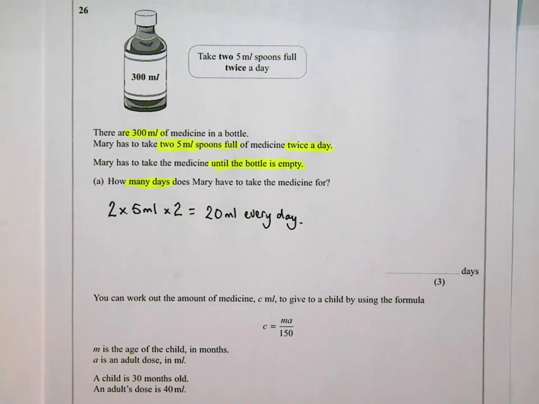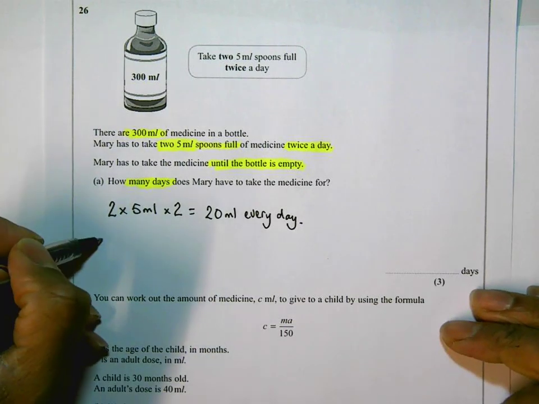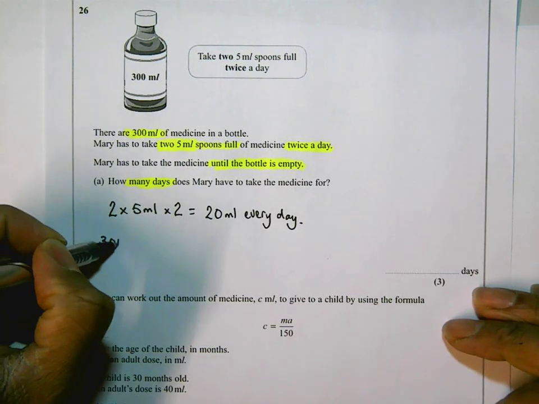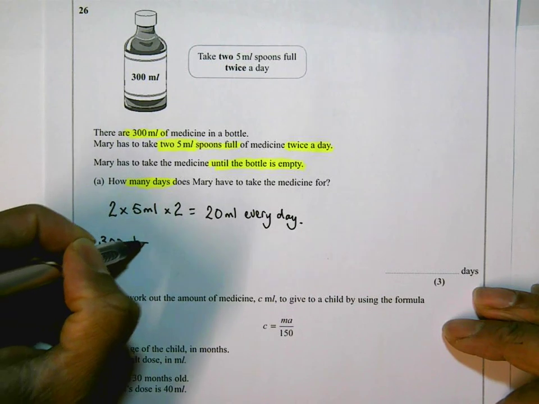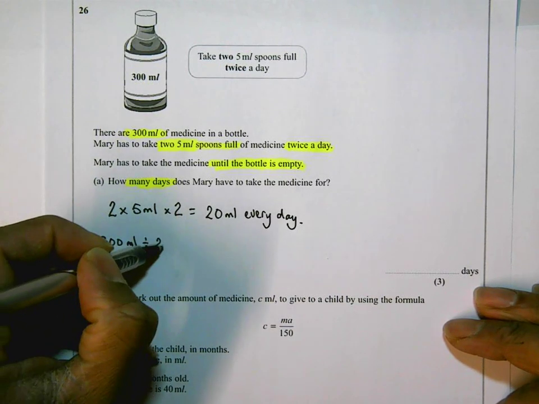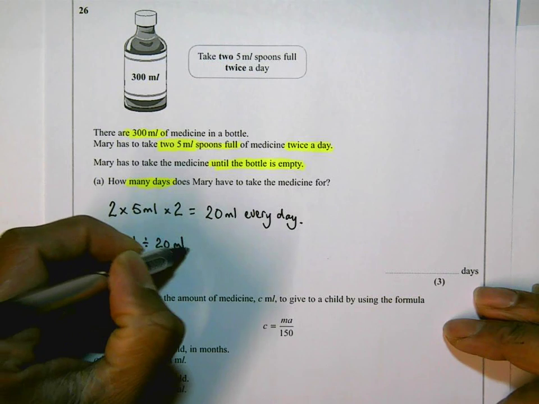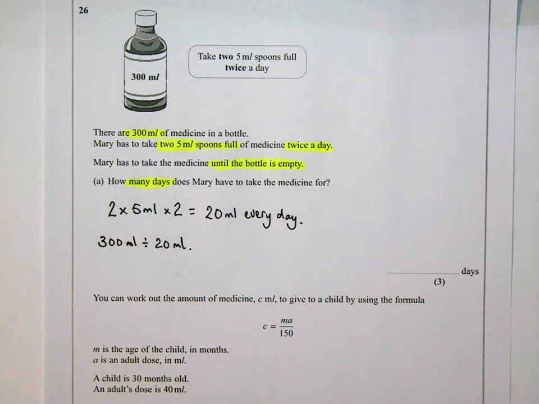So the question wants to know how many days she takes to use up the whole bottle. I want to know what the bottle contains, 300 ml, and how many times 20 goes into that. She takes 20 ml every day. The bottle contains 300 ml. What you could do, if you can't do that division, is count up in 20s to work out how many days she takes.